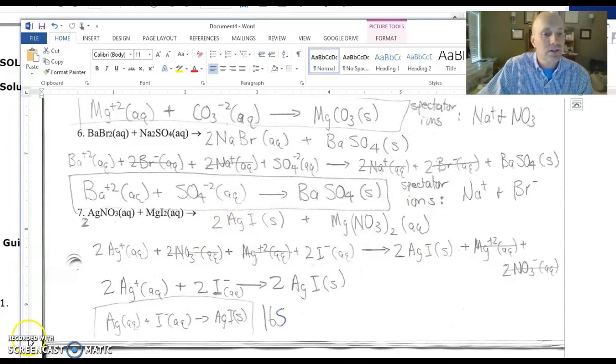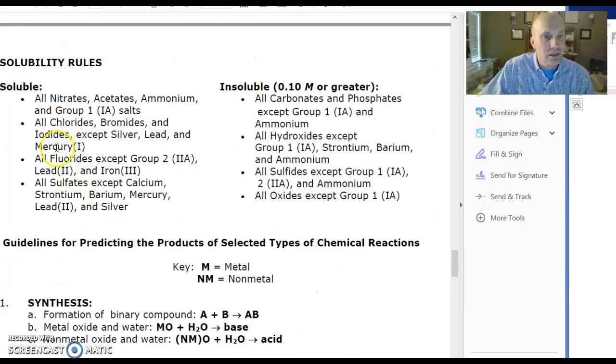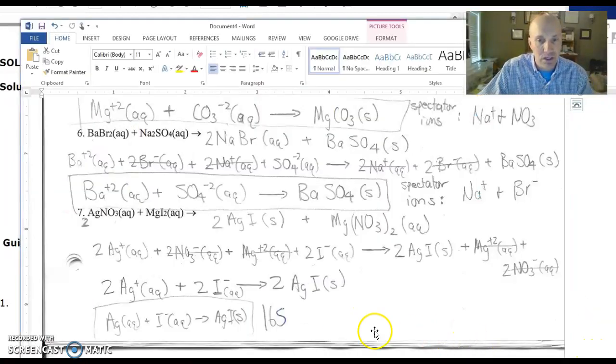And what about silver iodide? It says all iodides are soluble except silver, lead, and mercury. So that's an exception where you'd say that it should be not soluble. So silver iodide is solid.